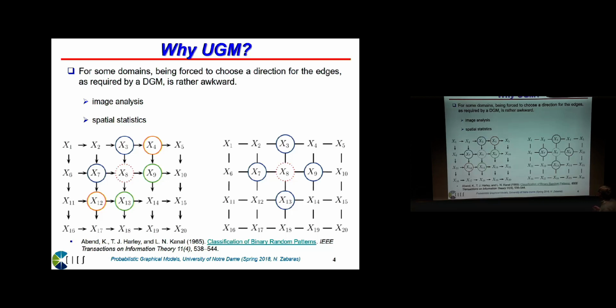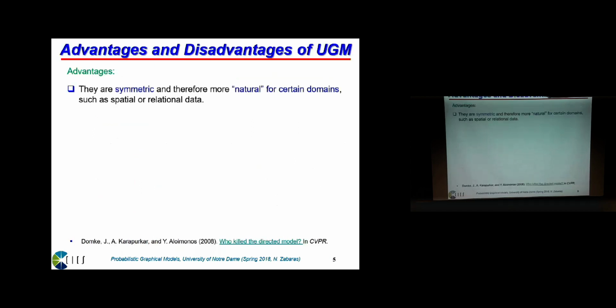So the conditional independence relations in undirected graphs are way simpler than what you see with a directed graph.